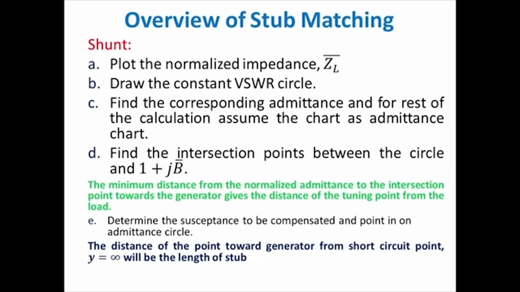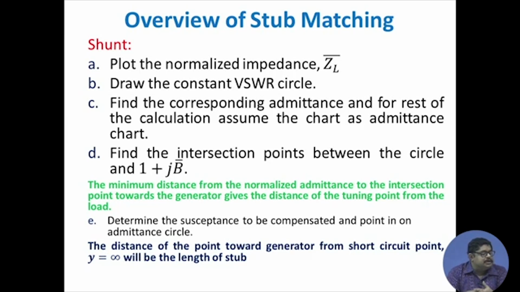We have seen that moving on the transmission line means you are moving on that VSWR circle. Then find the corresponding admittance, and for the rest of the calculation assume the chart as an admittance chart, as it is a shunt design. Then find the intersection points between the VSWR circle and the 1 plus j beta circle.